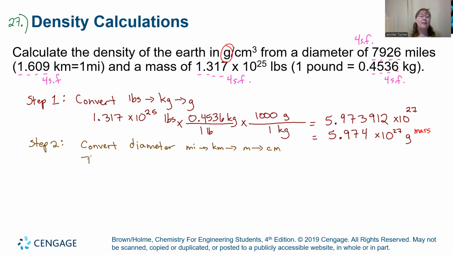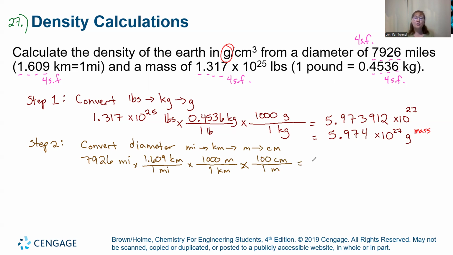So I have 7,926 miles times, okay, here I have every 1 mile will have 1.609 kilometers, and every kilometer will have 1,000 meters, and every meter has 100 centimeters.